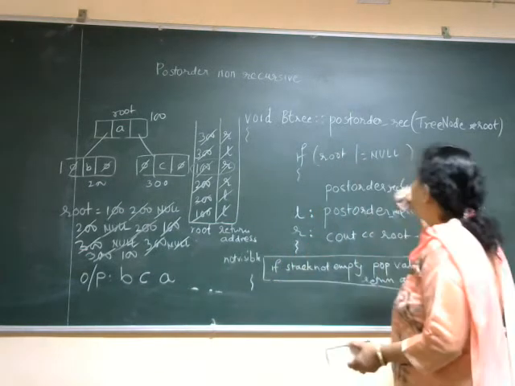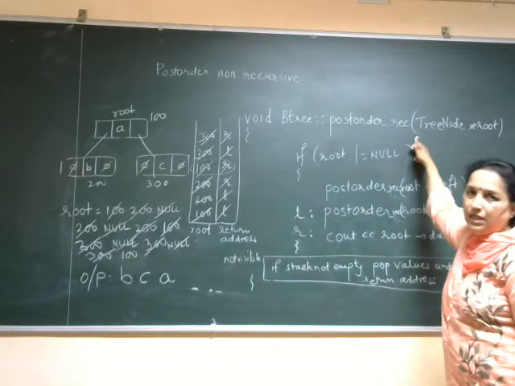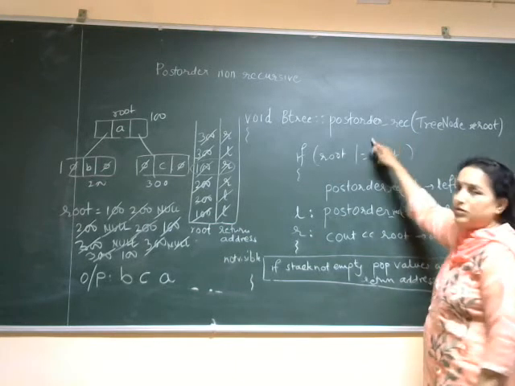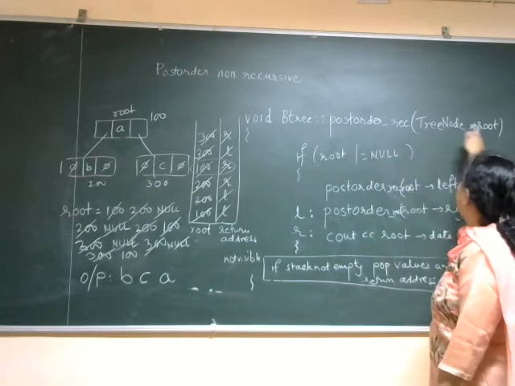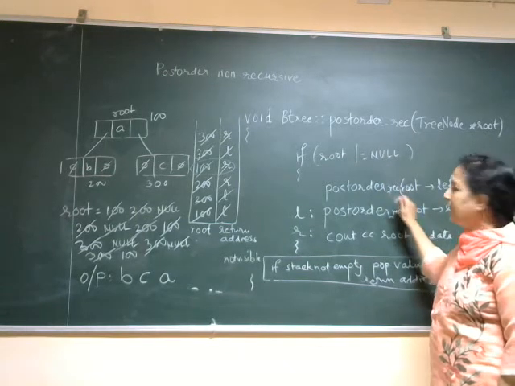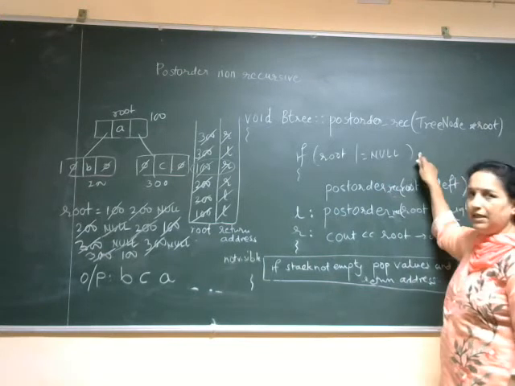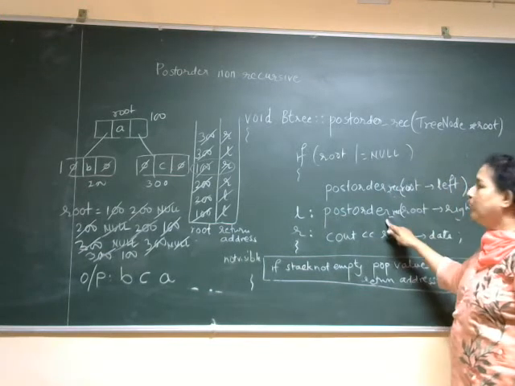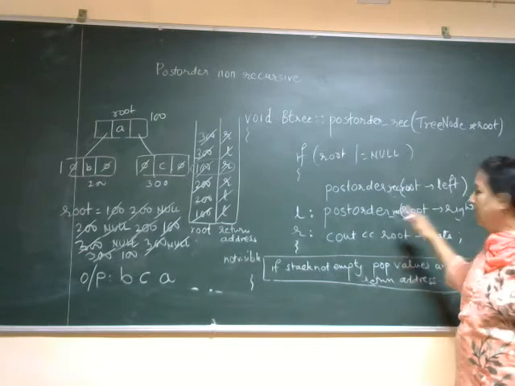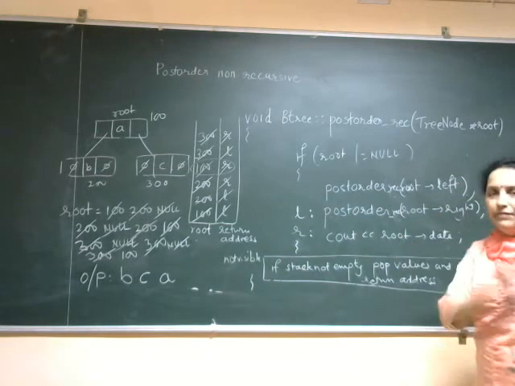Now what is the logic behind it? If I want to traverse post order recursive, we have to pass a root. If root is not null, then we have to traverse to left. If root is null, what you have to do? You have to take one right and again go to left, left, left.